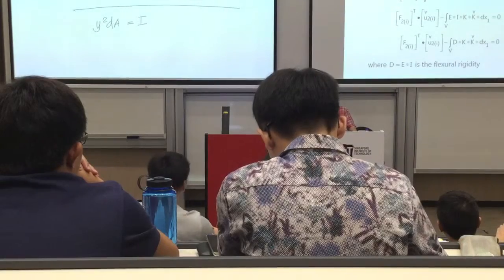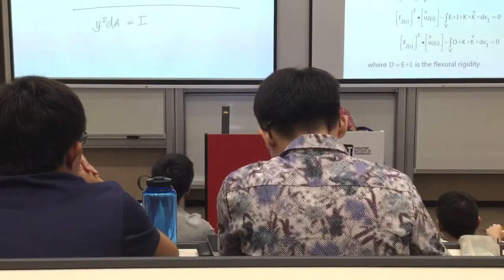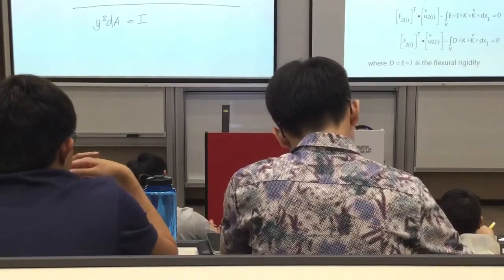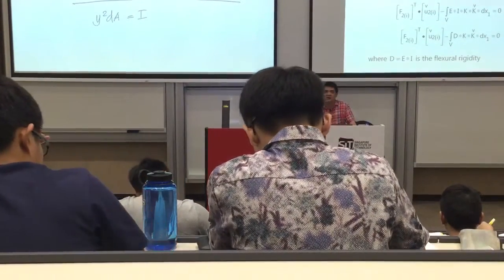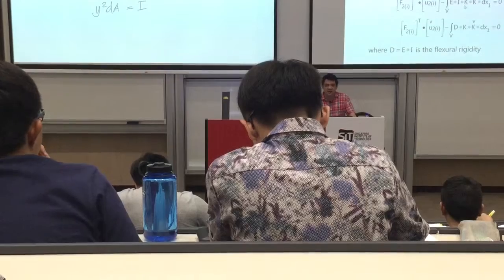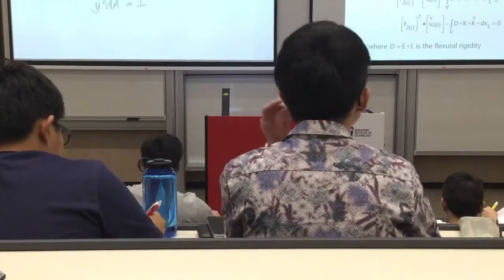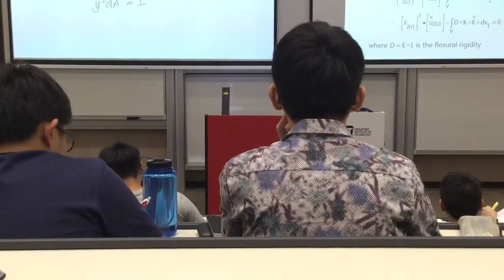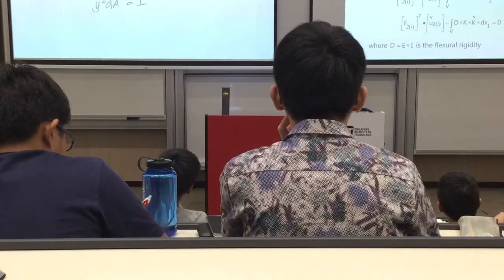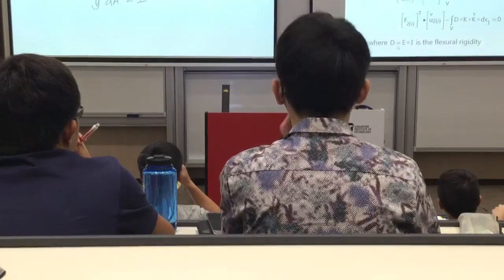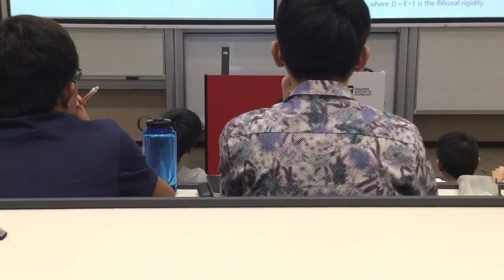Just accept that in the meantime. So this is Y squared dA, that is equal to the modulus. So you have now EI K curvature, virtual curvature, dx equal to 0. And then you simplify this one, EI equal to D, you have now this one here. So D, EI, is the flexural rigidity.